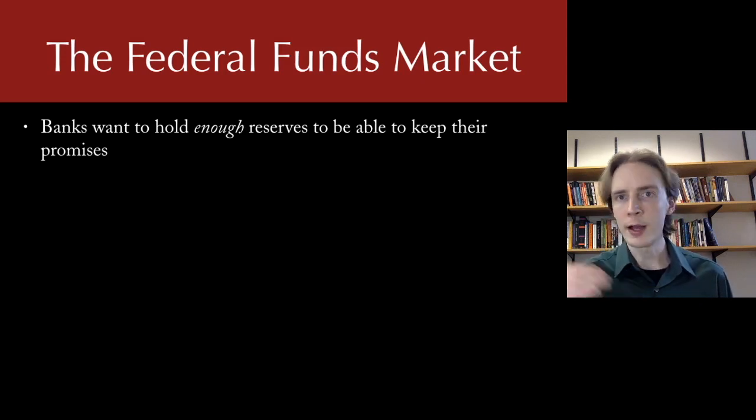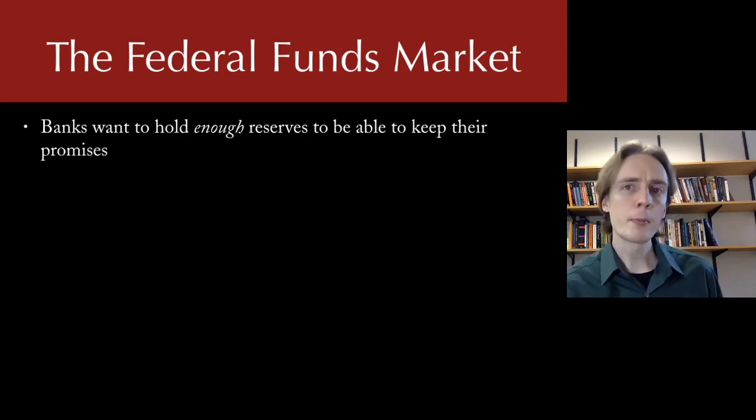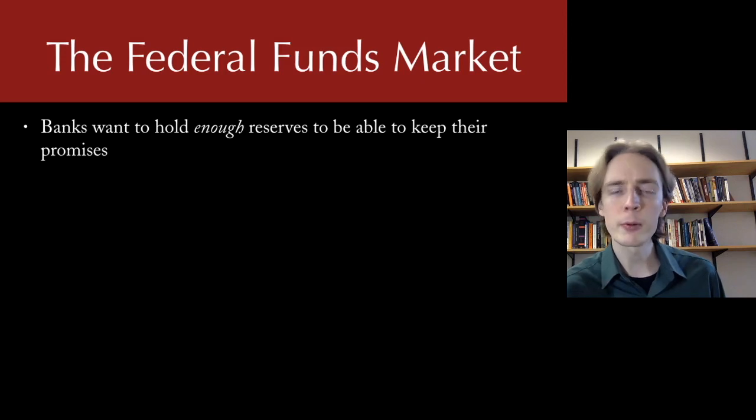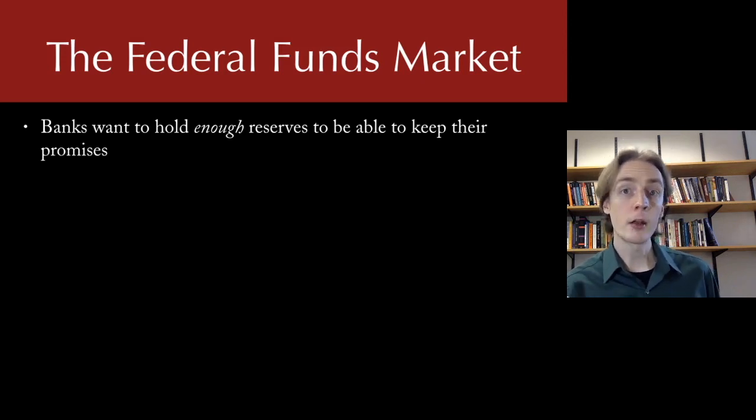You've got neither too many nor too few, and you're doing fine fulfilling your promises. But now suppose that one day more people than usual swipe their debit cards or withdraw money. And all of a sudden your outflow is, not in dangerous territory, but making you a little uncomfortable. You're getting a little low on your reserves.